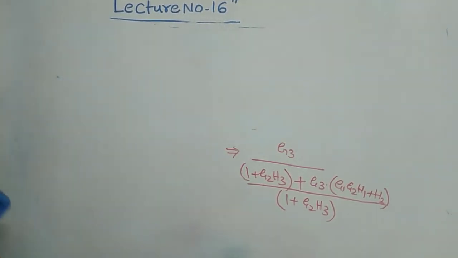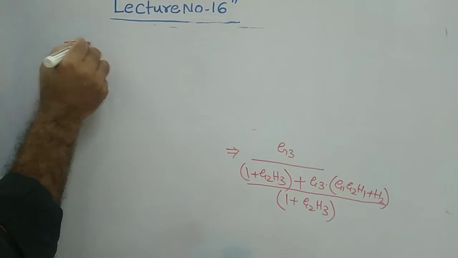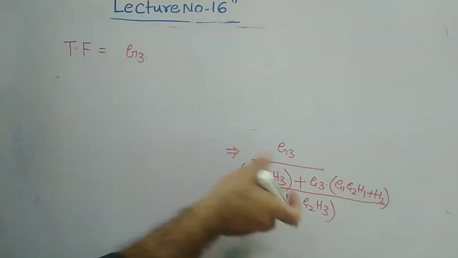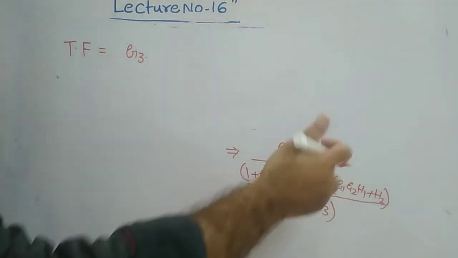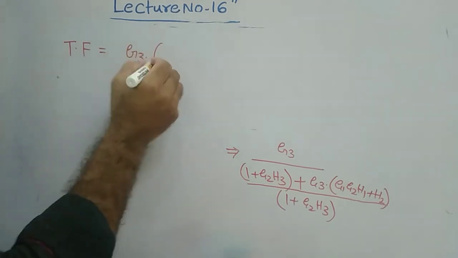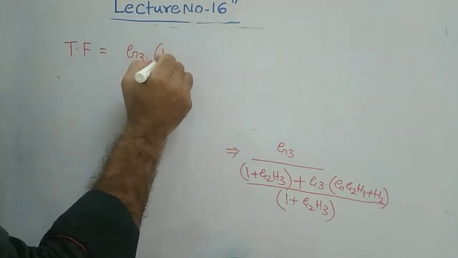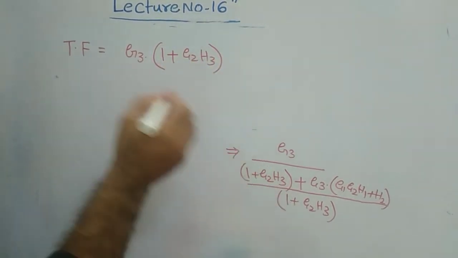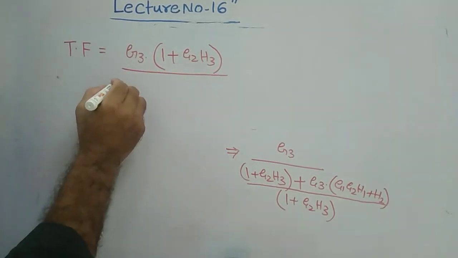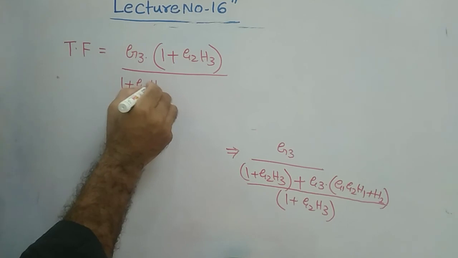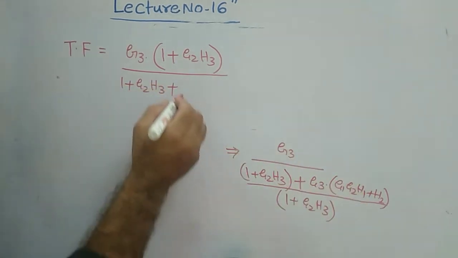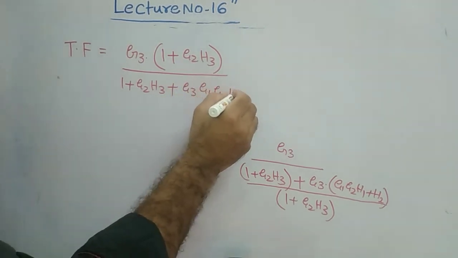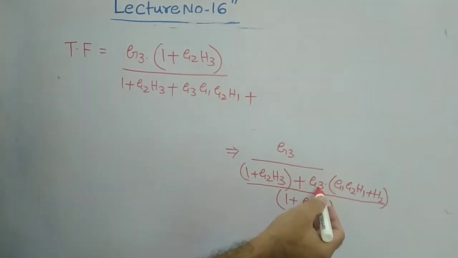If you simplify that, your transfer function is equal to G3 into, take this as numerator, then 1 plus G2H3 goes up into the numerator part, and finally in the denominator you have 1 plus G2H3 plus, you can expand this, no problem, G3 G1 G2 H1 plus G3 into H2.